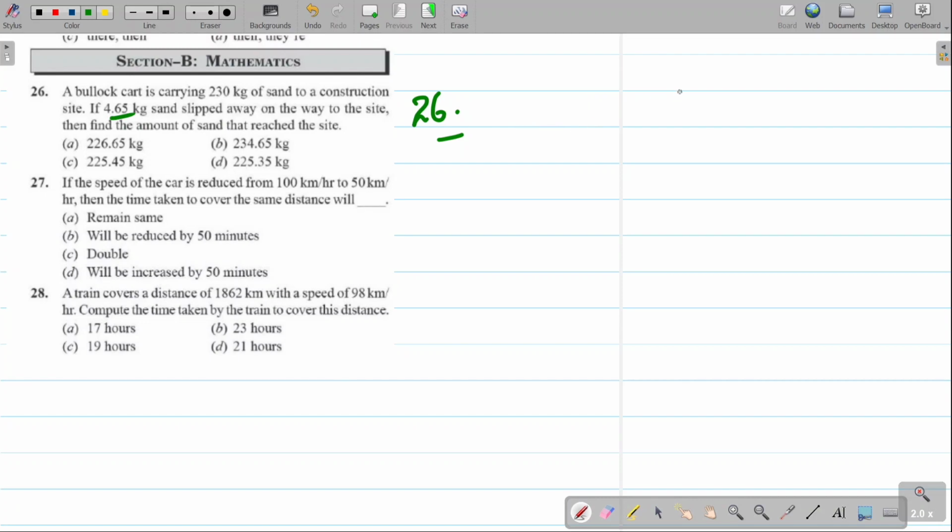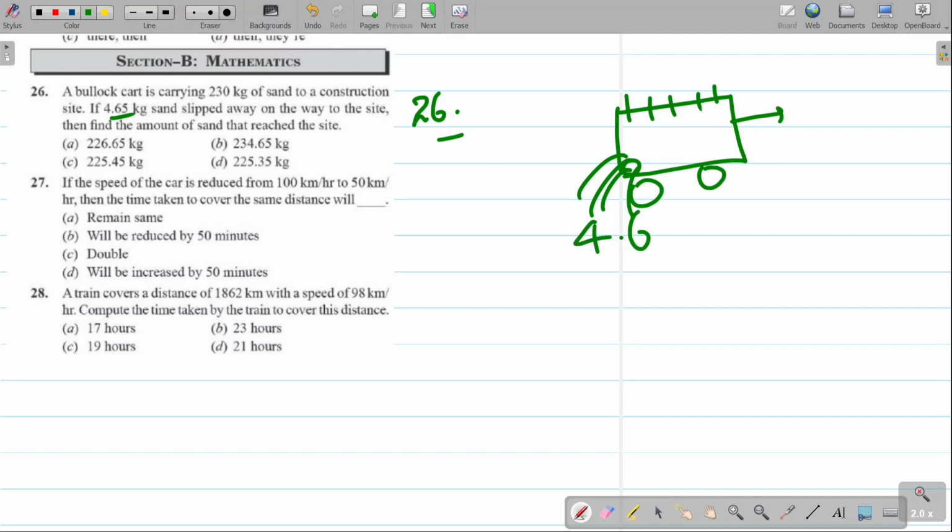Assuming this is a bullock cart carrying sand, due to a hole or something, some amount of sand falls out of the cart. The amount that has fallen is 4.65 kgs, and the total amount put onto the cart is 230 kgs. We are asked how much sand is remaining.